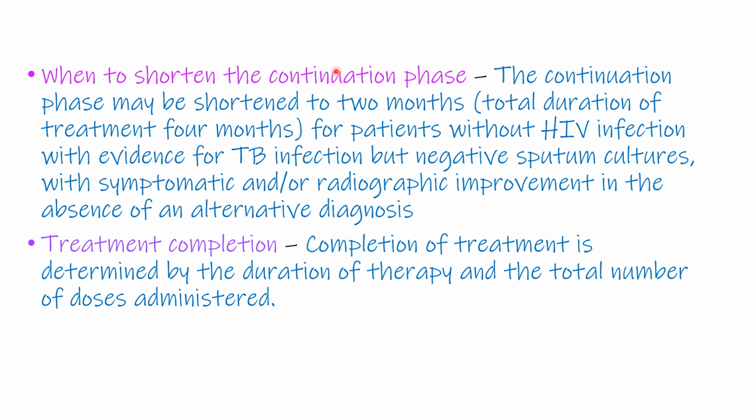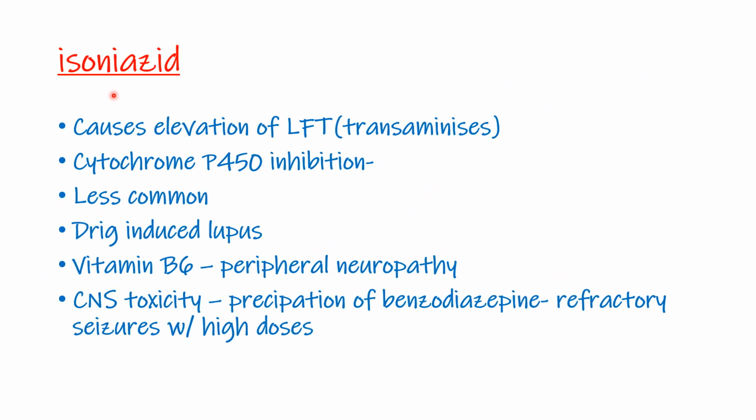However, most guidelines will recommend that you finish the treatment, that is 6 months, 2 of intensive, 4 of consolidation. Completion of treatment is determined by the duration and, more so, the total number of doses administered. That is very key. So in the next slides, we are going to talk more about these drugs.